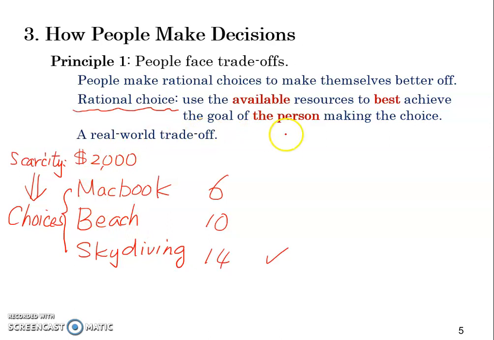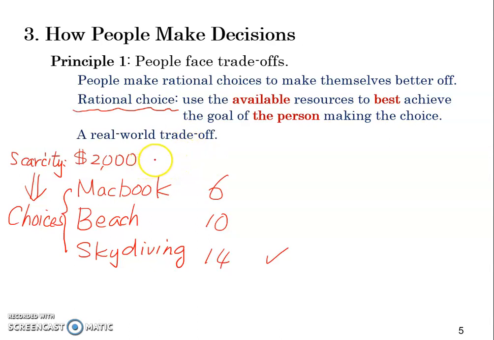Before we answer the question, let's go back and look again at the definition of the rational choice. The first key phrase is available resource, right? So you've got to make sure it's available. If the resource is not available, then there's no point in looking at all of these, right?